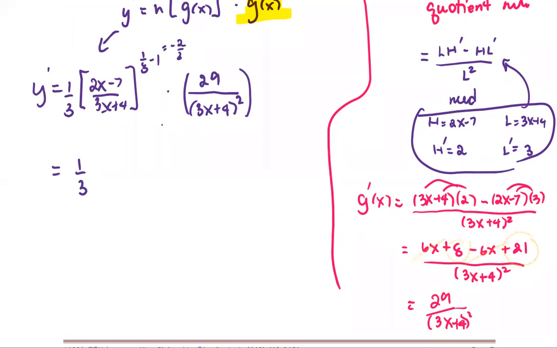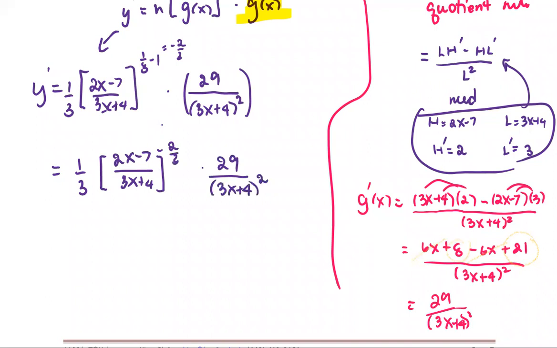So we can write this as the quantity 2x minus 7 divided by 3x plus 4 raised to the power negative 2 over 3, and then multiply by 29 divided by the quantity 3x plus 4 to the power 2. This is considered one of the complete forms, but as you see the negative power here, you can rewrite it as a positive power.